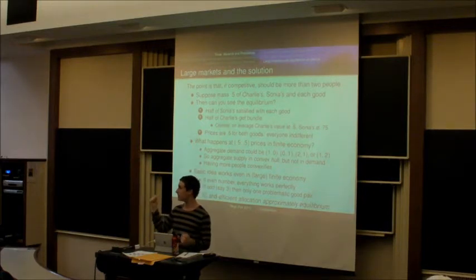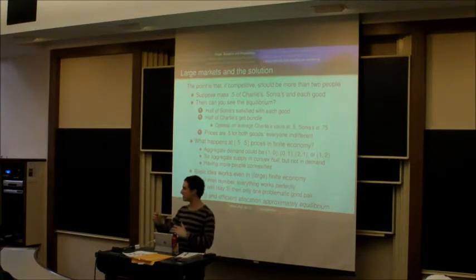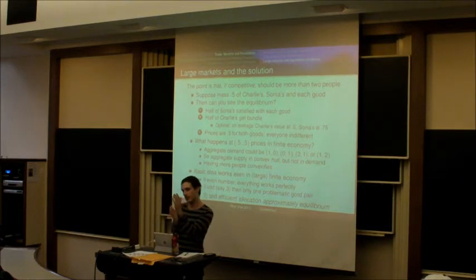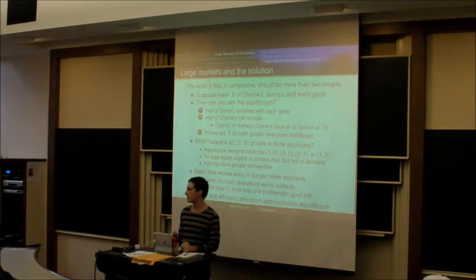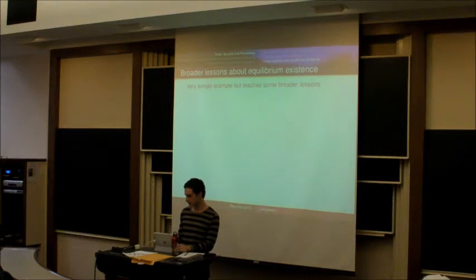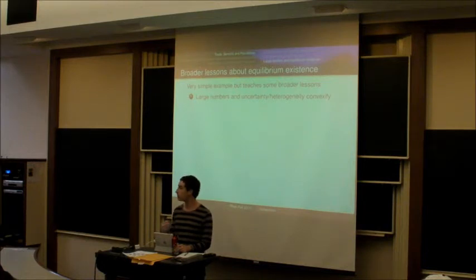But in this economy, there's both excess and insufficient demand at the same time. Things are on every side of the amount that's available. And so there's not going to be any systematic pressure on prices in any direction. What this basically tells us is that large numbers of people, or even uncertainty, or differences among people, fill in the gaps and make sure that equilibrium exists.